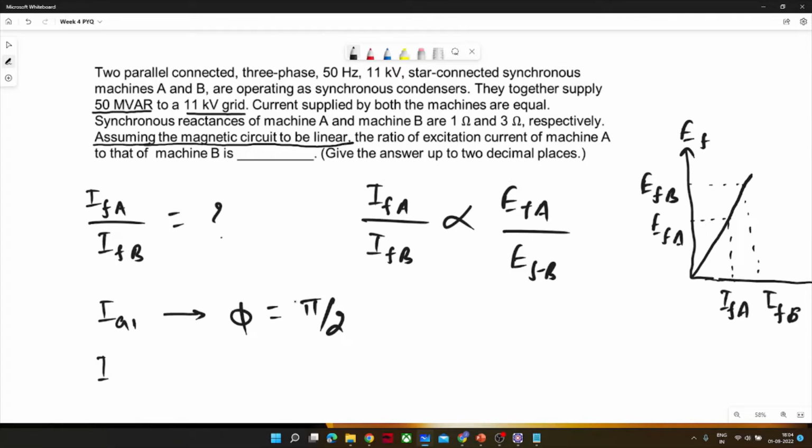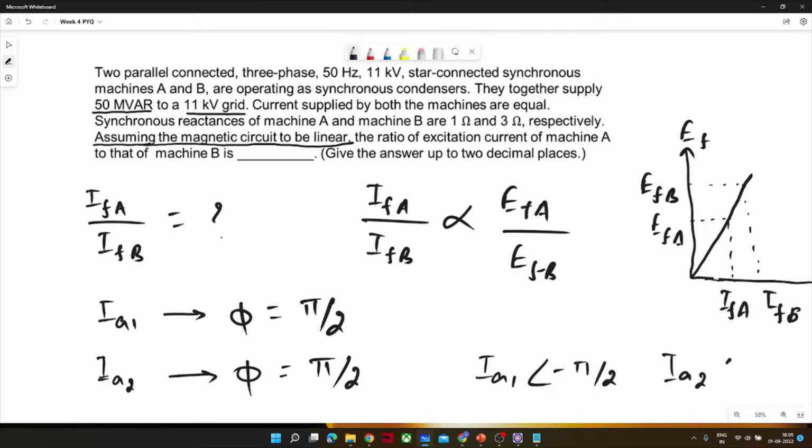As rightly pointed out, the apparent power is equal to the reactive power, and we can infer that from the statement. So IA2 would also be pi by 2 lagging. So we can say IA1 has angle minus pi by 2 and IA2 also has angle minus pi by 2.